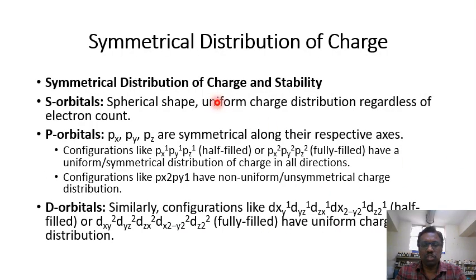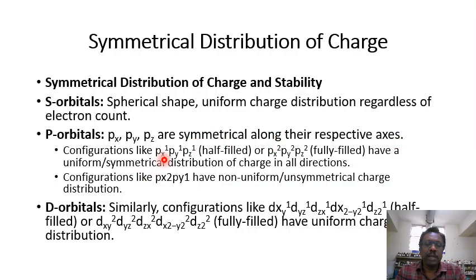Symmetrical distribution of charge and stability. The s orbital has a spherical shape, with uniform charge distribution regardless of the electron count. Because it is spherical, it will be uniformly distributed in all directions. The p orbitals are px, py, pz. They are symmetrical along their respective axes.